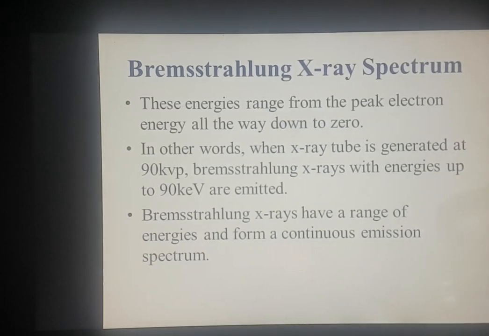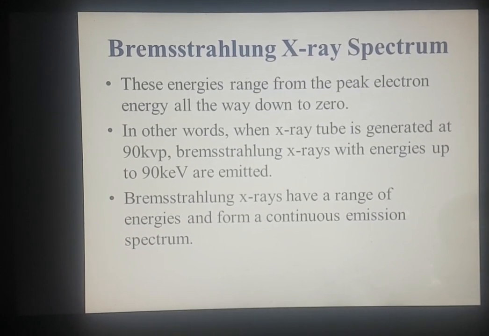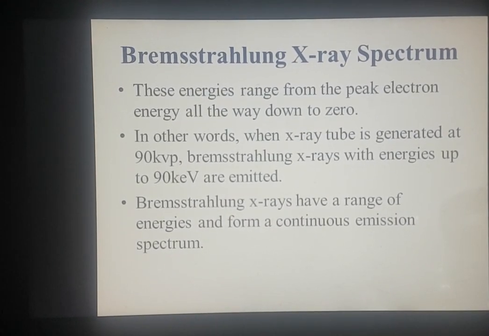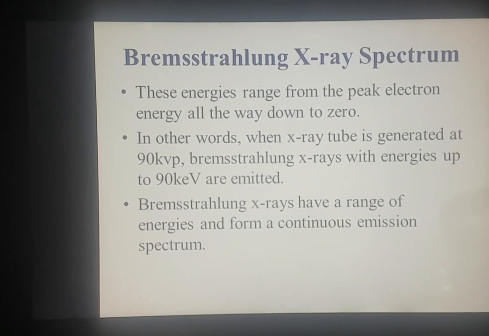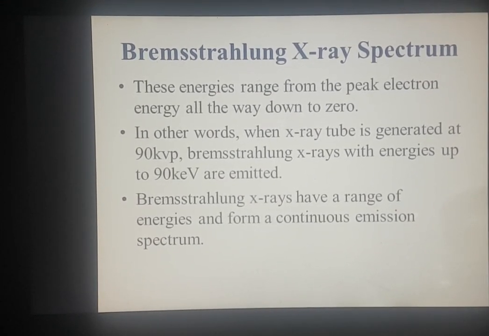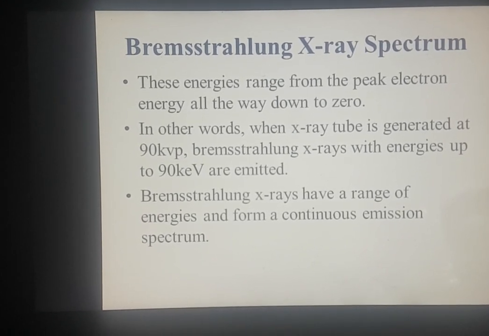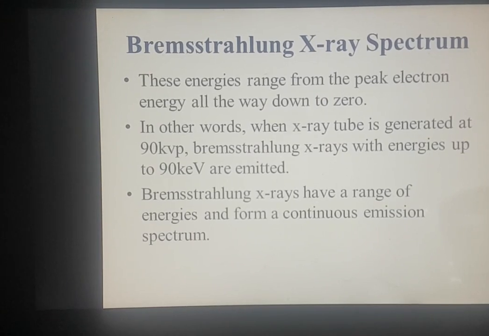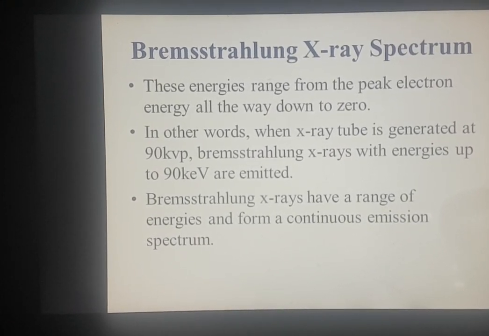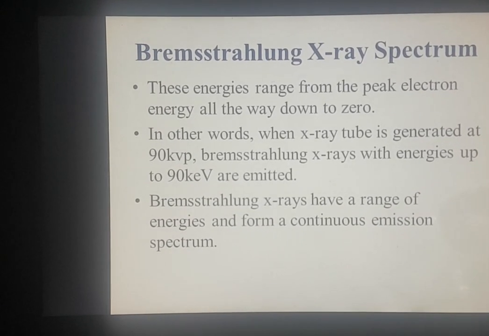Now, what does that mean? It means that by increasing the kVp, we are generating high energy Bremsstrahlung X-rays, but by increasing the kVp, we are also increasing the percentage of characteristic X-rays. So we know that above 70 kilo electron volt, which can be controlled by increasing the kVp at the console, we are also increasing the probability of characteristic X-ray emission.